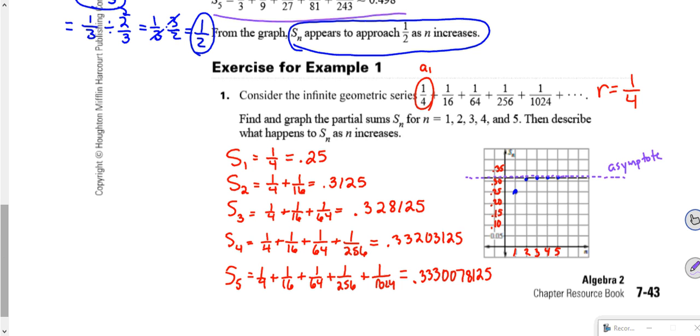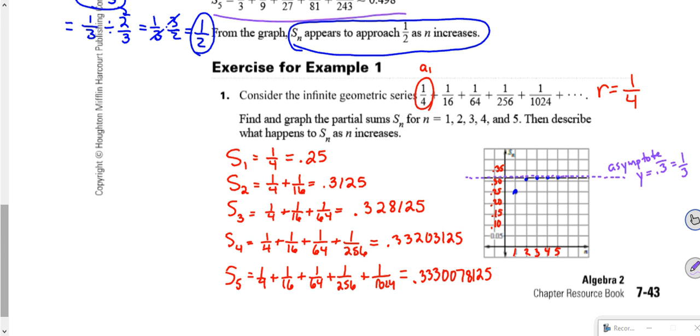This is the line that those sums approach. And my line here would be y equals, actually I should do it properly, 0.3 repeating, or 1/3.